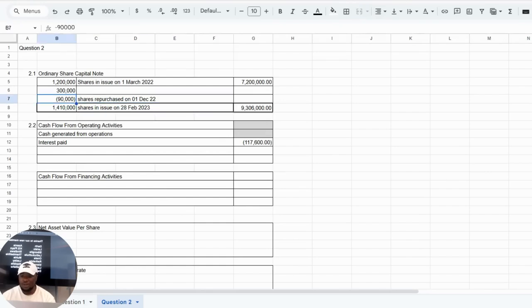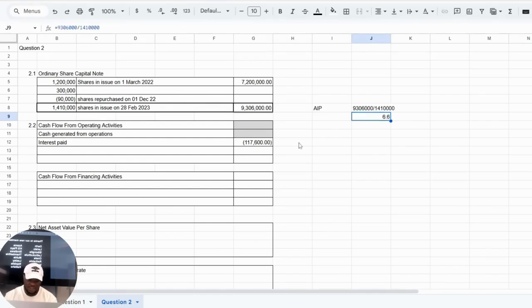Now we need to work out the average issue price. If the repurchase was the last transaction before the end of the year, then we can simply take the balance at the end and use it to calculate the average issue price. So the average issue price of these shares is 9,306,000 divided by 1,410,000, which works out to 6.6.